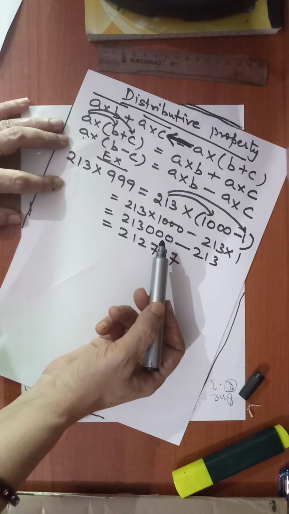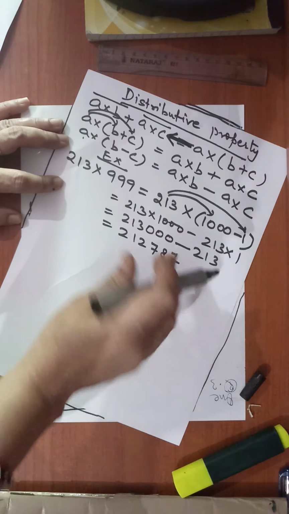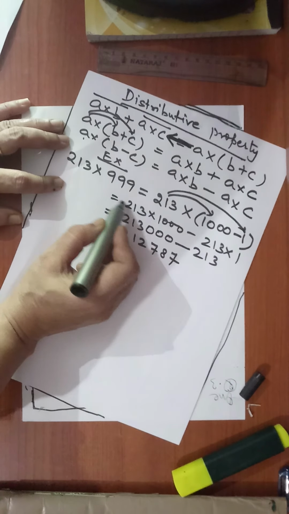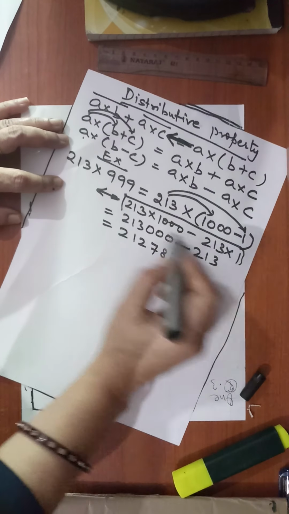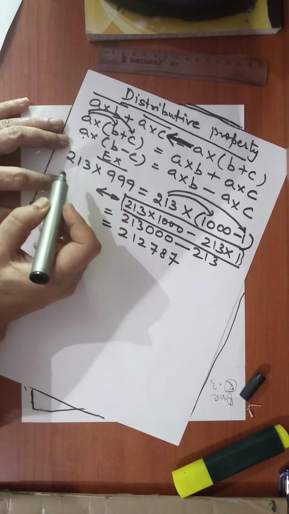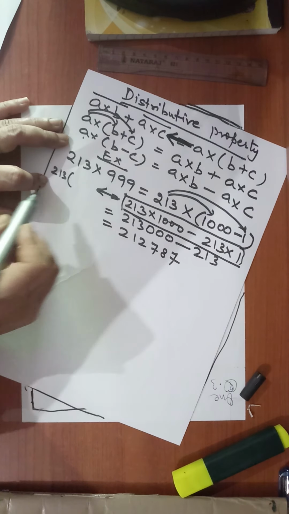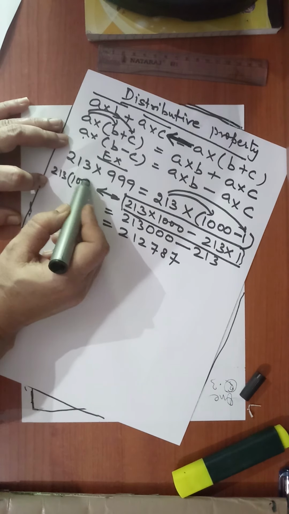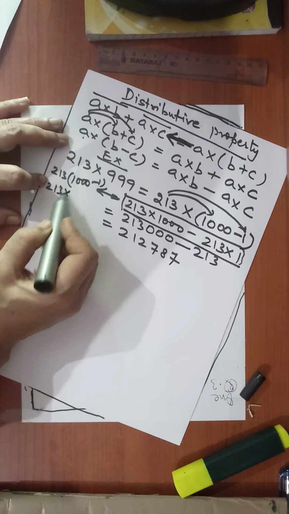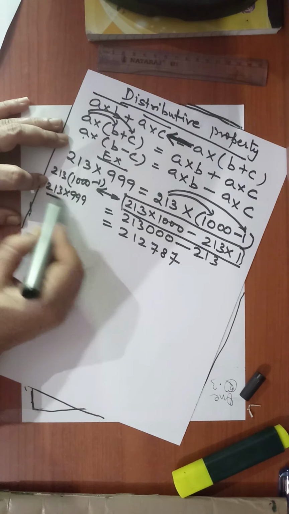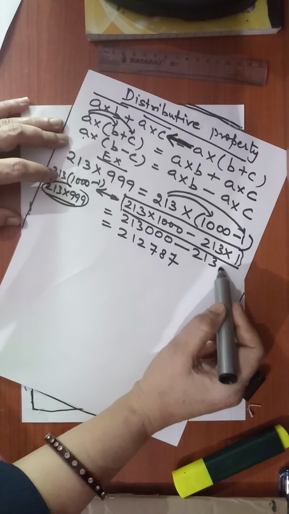अभी तक हम लोग क्या कर रहे थे? We were getting this expanded form और फिर हम उसको compress कर रहे थे. Like ये वाला, अभी तक हम इस वाले question को solve कर रहे थे, right? This question was solved. और उसमें हम क्या करते थे? We used to do 213 and we used to take 1000 from the first part and 1 from the other part. और फिर इसका मतलब 213 into 999, और फिर ये हमारे लिए ज़्यादा difficult होगा instead of doing in this way.